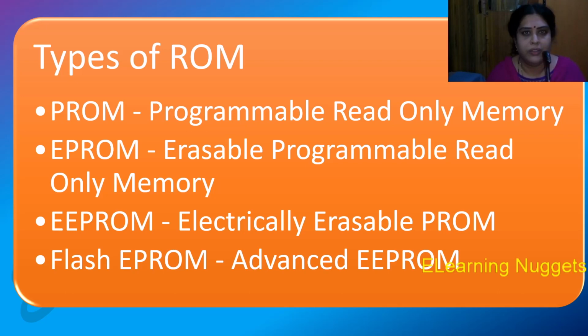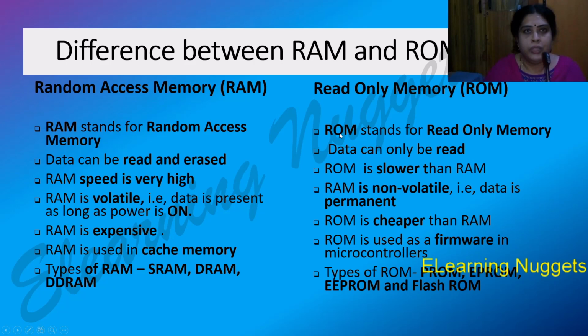So this is the main difference between all these types of memory. And then you have the flash EPROM. Flash EPROM is the latest one which has come in. It is much more advanced, and it is used as a ROM in many of the tablets and all your laptops and notebooks nowadays.